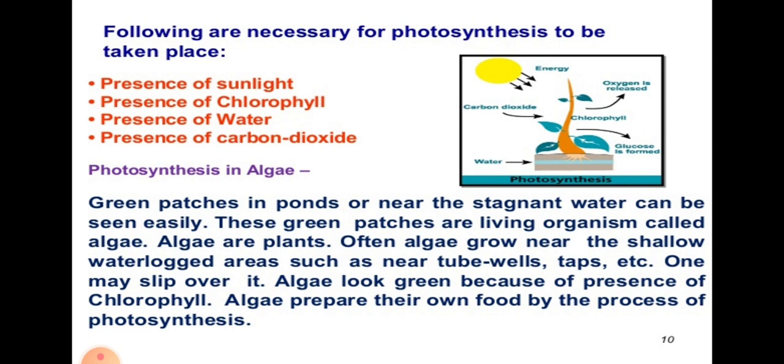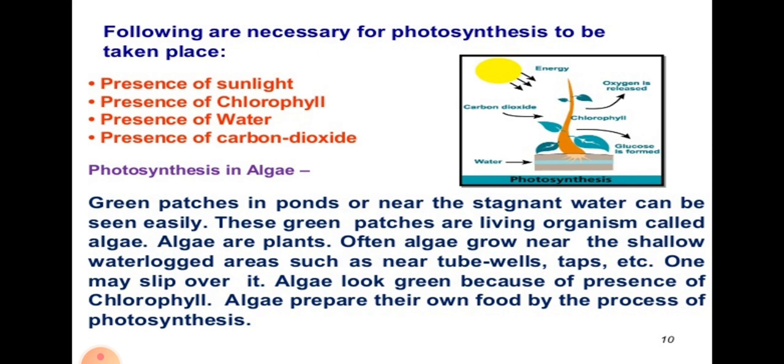Presence of sunlight, presence of chlorophyll, presence of water, and presence of carbon dioxide are all important for completing the process of photosynthesis. So one by one we will discuss which conditions are necessary for photosynthesis.